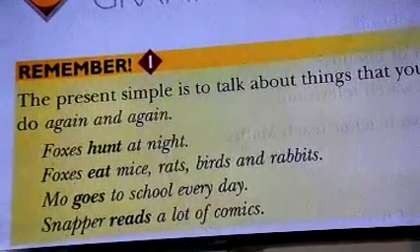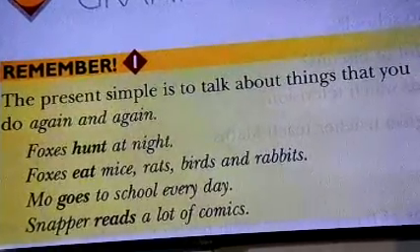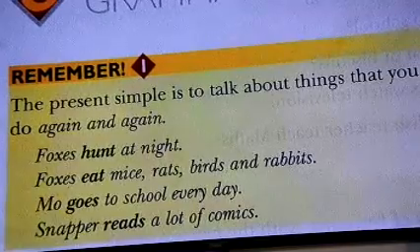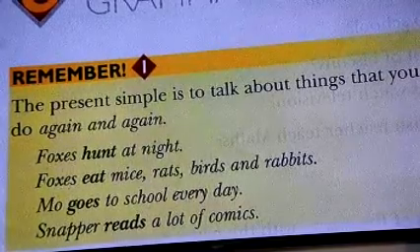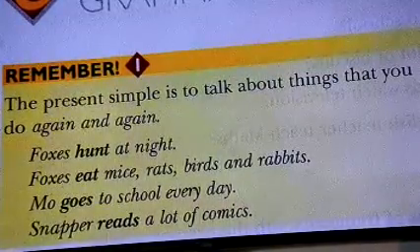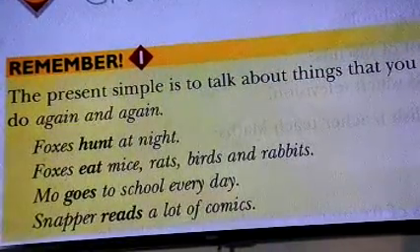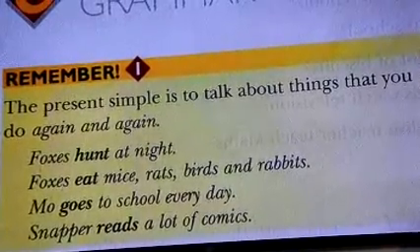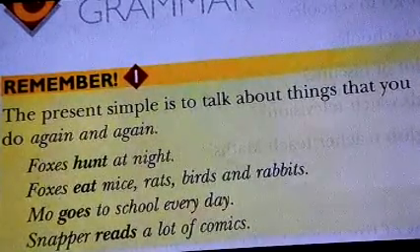You should cut off the S. Foxes hunt at night. You get only the base form. Foxes eat mice. What about the next two? Mo is the child, the boy. It is singular. So you have to add an S to make the verb singular. It's just the opposite of singular and plural of the nouns.